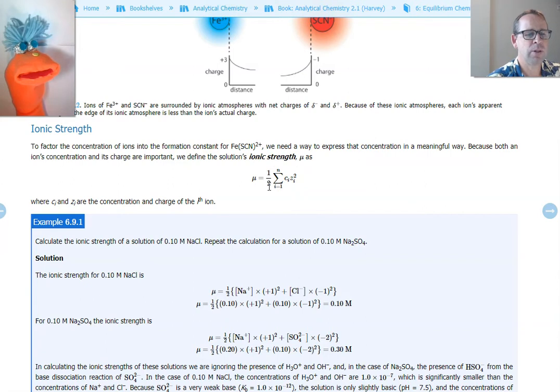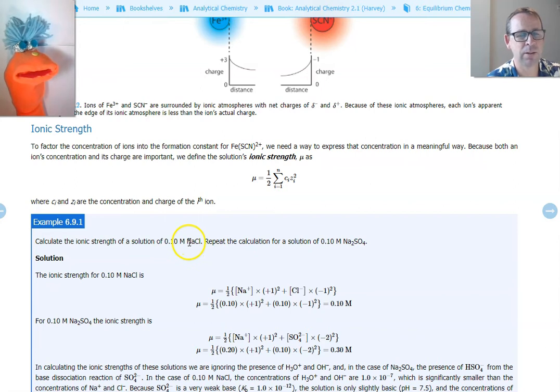So, if we look at this and take the concentration, look at the ionic strength of 0.1 molar sodium chloride, a simple ionic compound, diionic, right? Two ions, sodium ion and chloride ion.